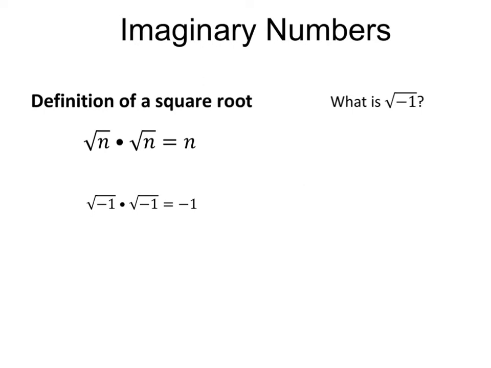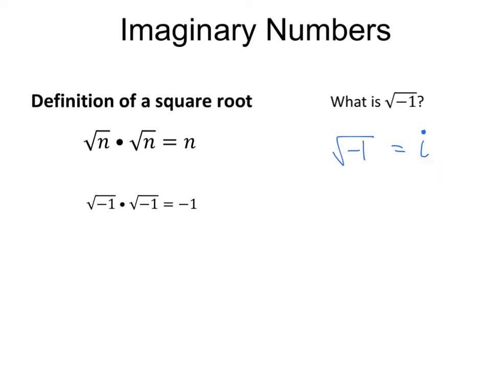What we do is we define what an imaginary number is. Mathematicians define the square root of negative 1 as the number i. So mathematicians use this category of imaginary numbers, and it's all based on this fact here, that the square root of negative 1 is defined to be the number i.